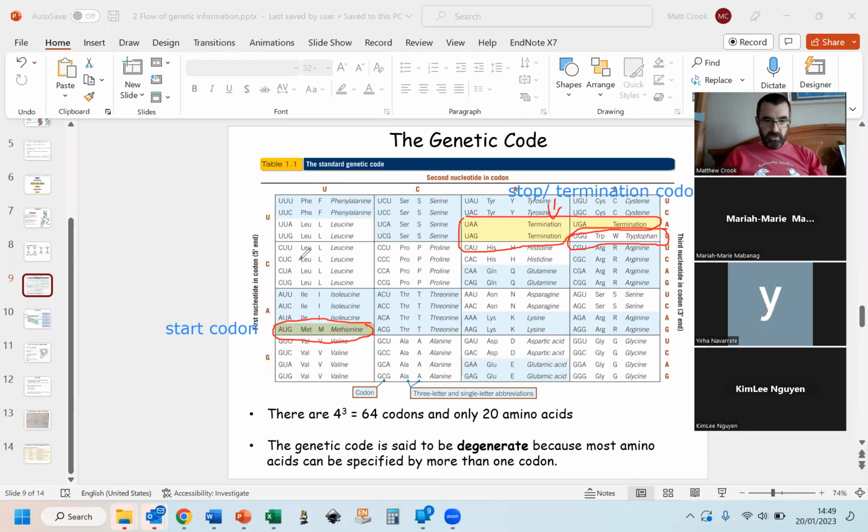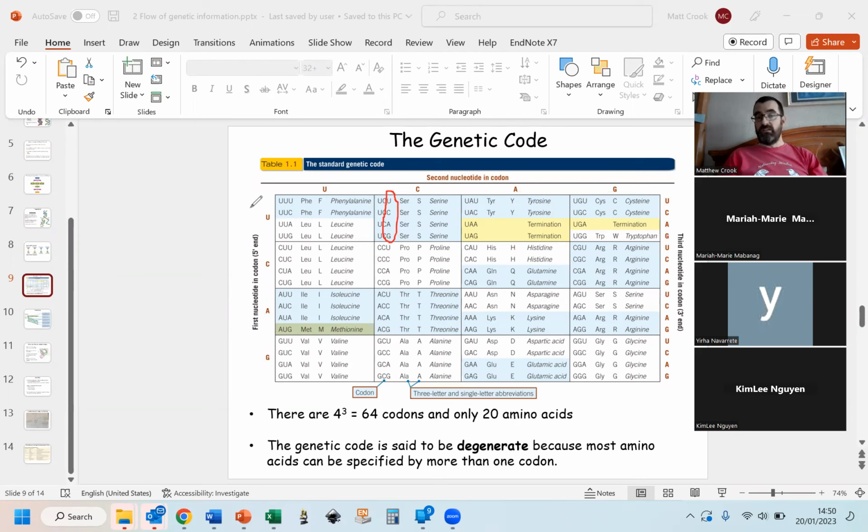So if you look at, let's clear the drawings, here's a good example, serine. As long as you have UC at the beginning, the first 2 letters of the codon, the last one doesn't matter.